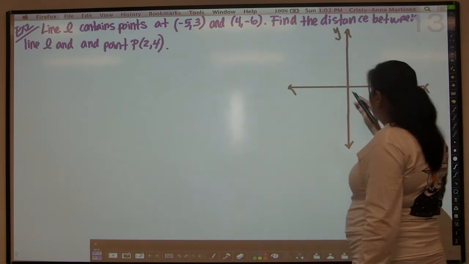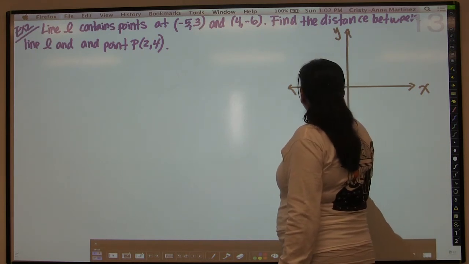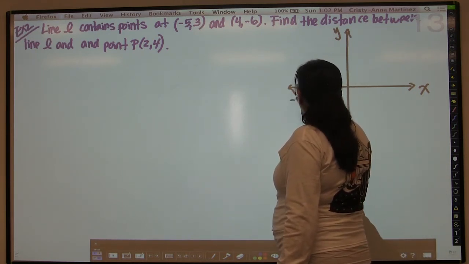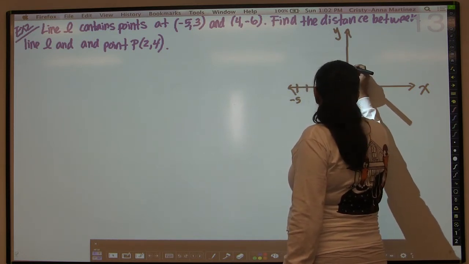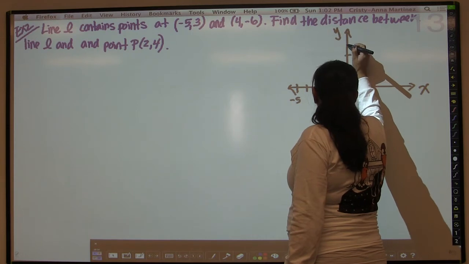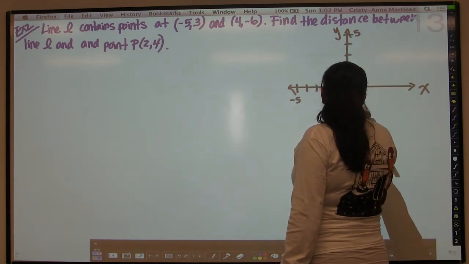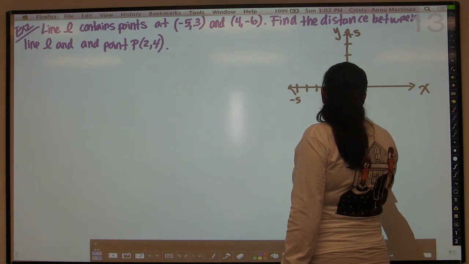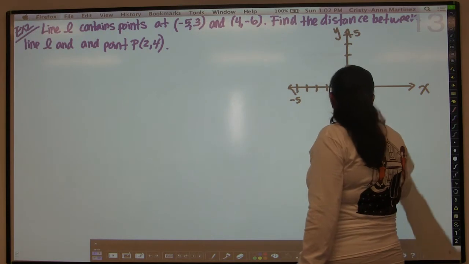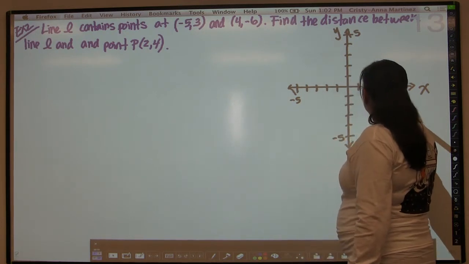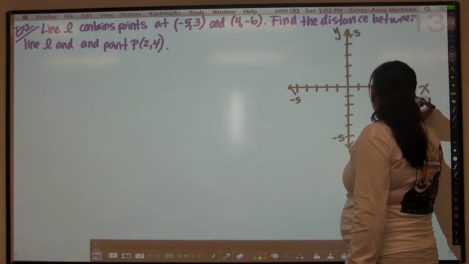So we're going to go 1, 2, 3, 4, 5 on each axis, and 1 through 6 on the last one.